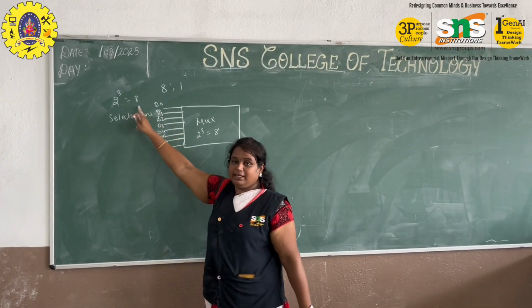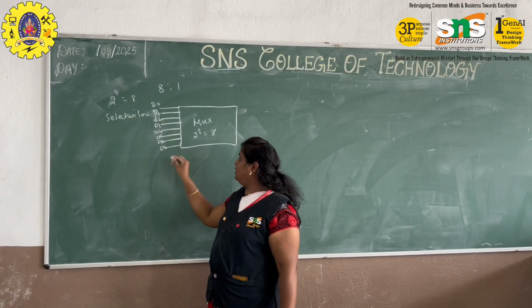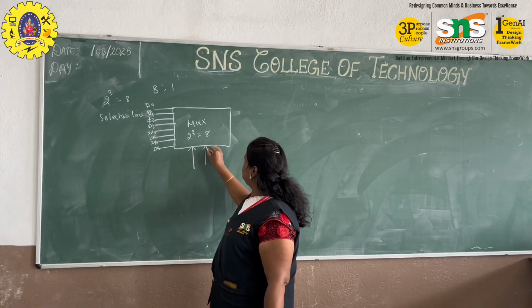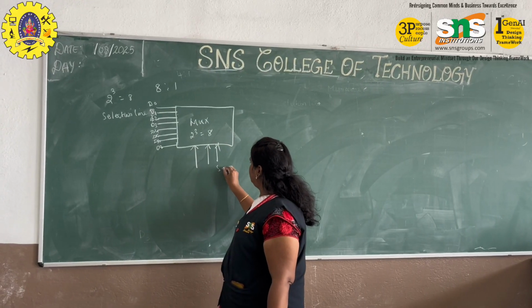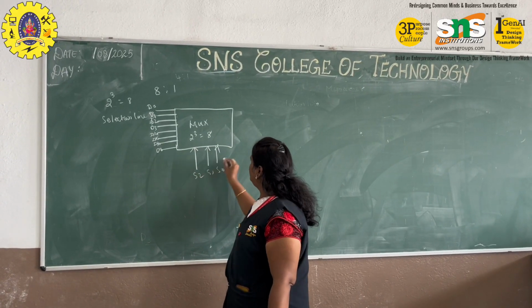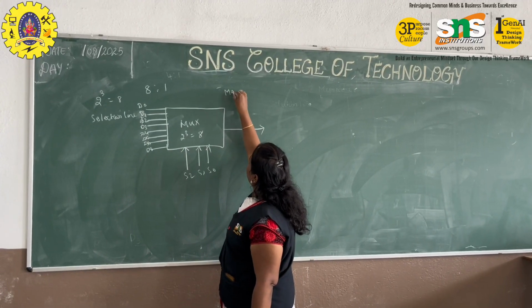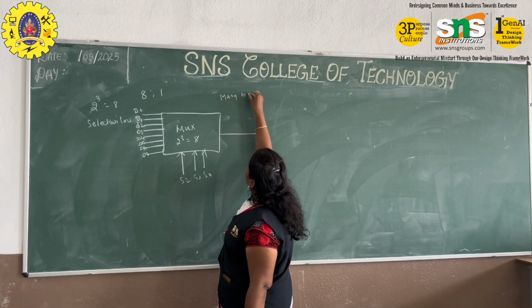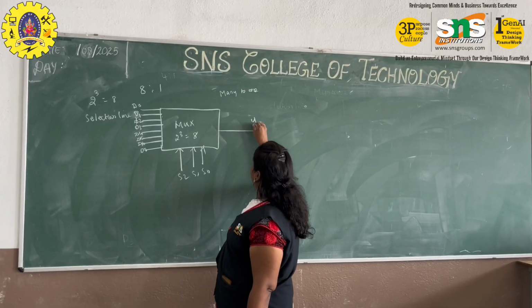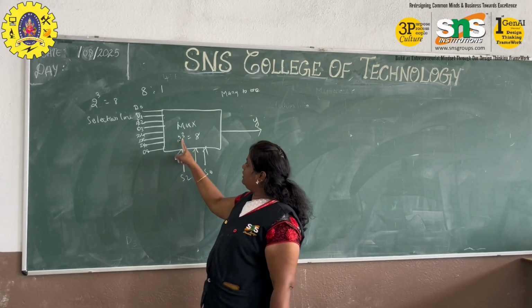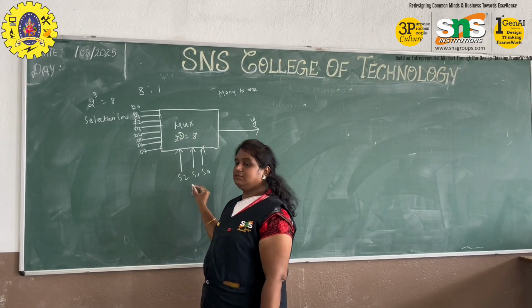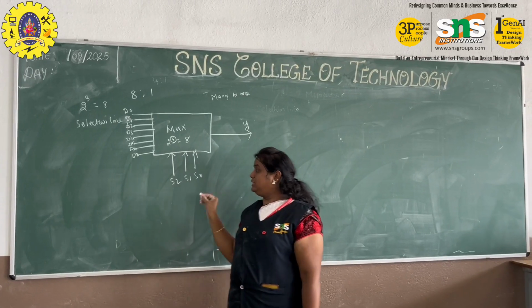If the inputs are 8, you have to put 3 selection lines. The selection lines will be S0, S1 and S2. The output will be a single output, because we know it is many to 1. So my output will be Y. According to this number, we select the three selection lines.